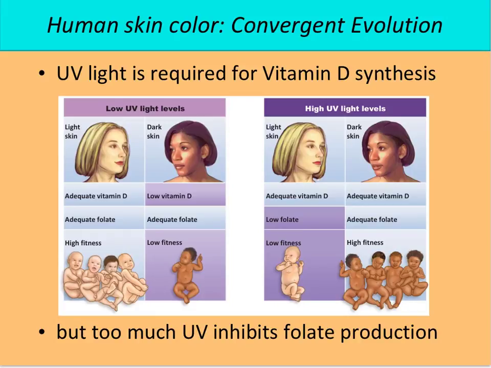And so, in low UV conditions, you have adequate folate. Now, under high UV conditions, you have adequate vitamin D, of course, whether you're light or dark. But if you're light, you have low folate. If you're dark, you have adequate folate. And so, again, you're favored to have darker skin.